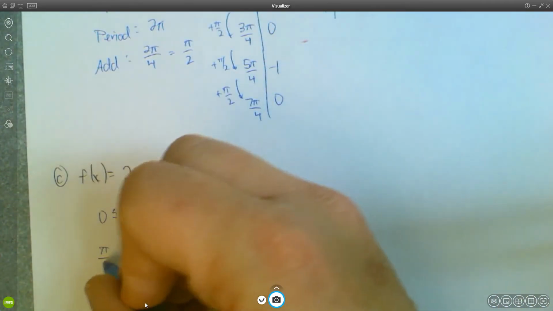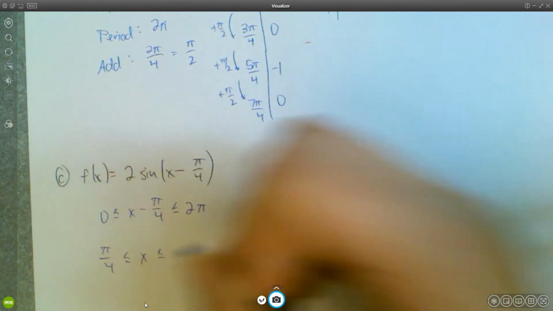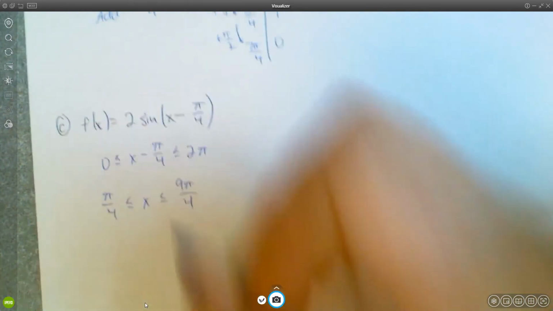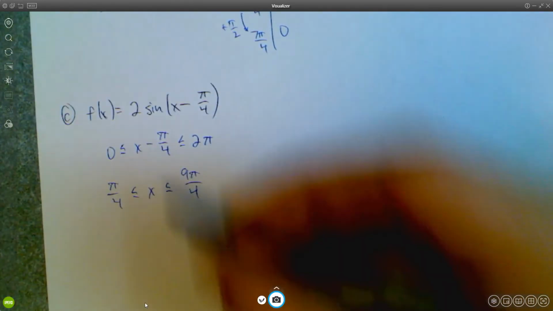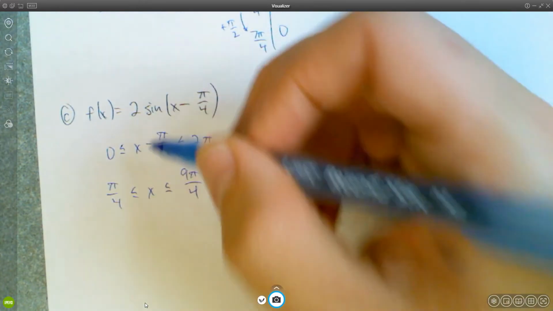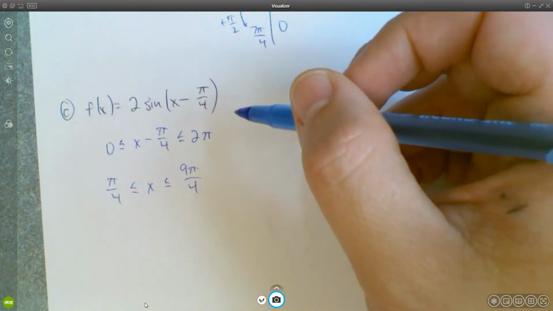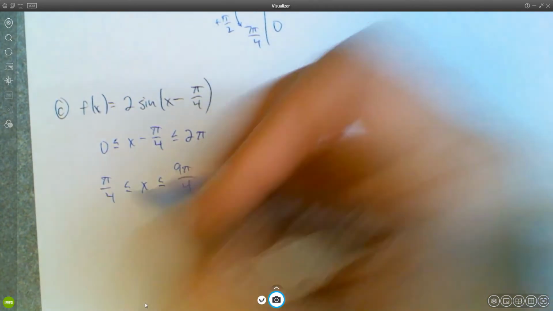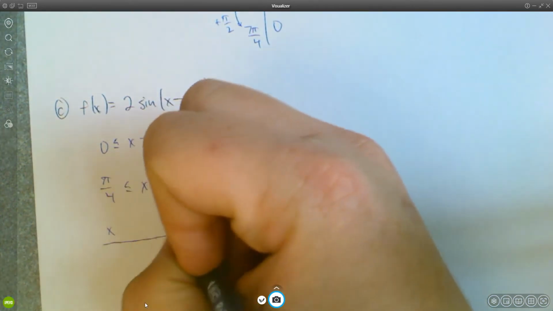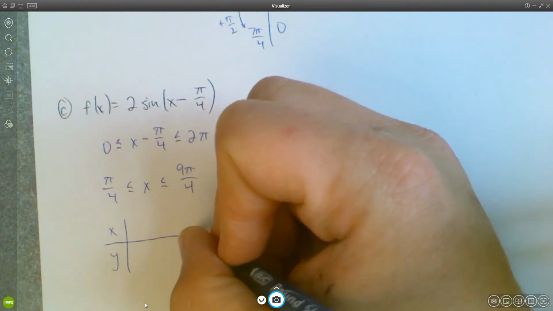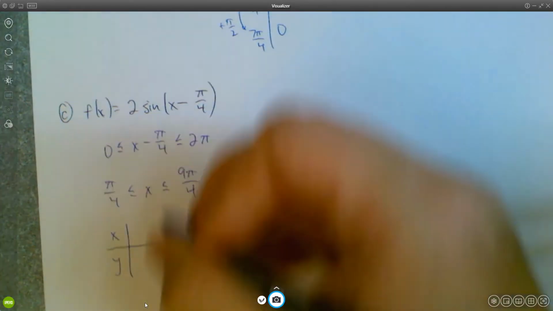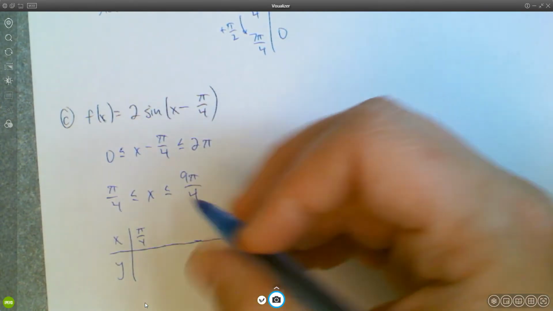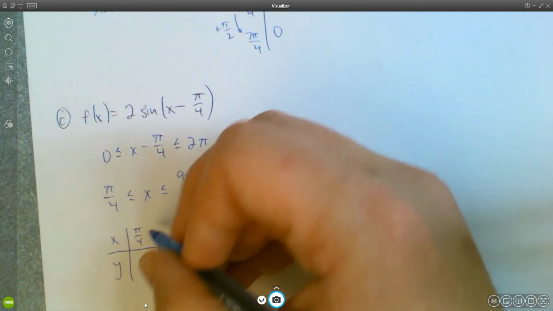We add pi over 4, and 8 pi says 9 pi over 4. The period is still 2 pi, so we know that we're going to be adding pi over 2. For the sake of space, I'm just going to write my chart going this way. We're going to start at pi over 4, and we want to end at 9 pi over 4. We're going to get there by adding pi over 2 each time.